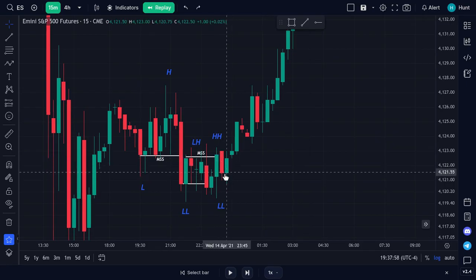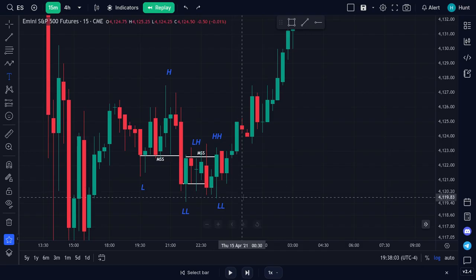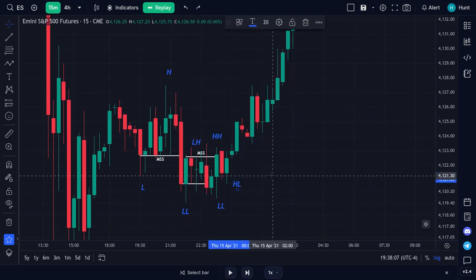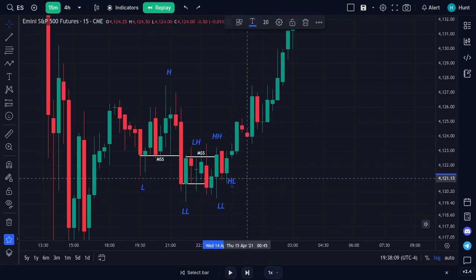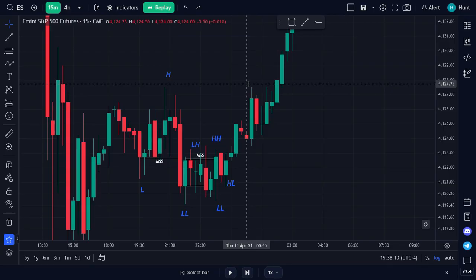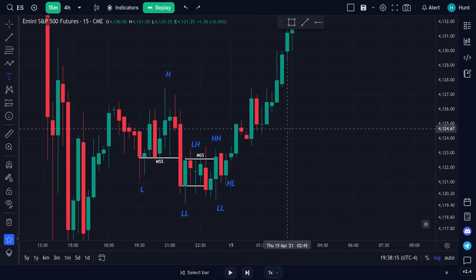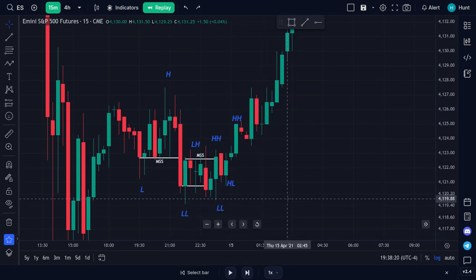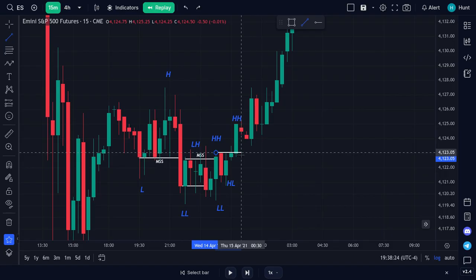So now we are potentially going up. What does price do? It comes down. You see price with this red candle, it retraces down, and we create a higher low. Why is this a higher low? Because it's higher than this previous low. And you see price goes up. What does it do? It creates a higher high. So this higher high right here, we break this previous high, which is also another market structure shift.